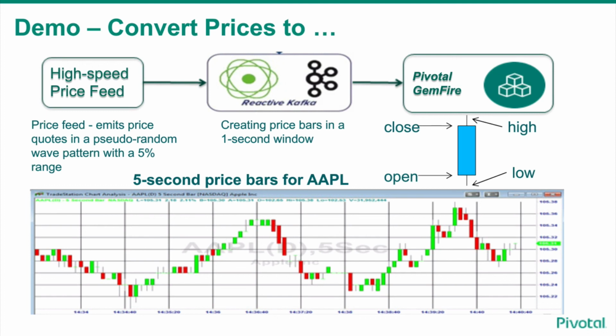The first quote is the open, the last quote is the close, and the highest and lowest quotes that occur are the high and the low. And we're keeping track of the volume of the quotes as they come in. We're tracking the total volume. So you'll see these price bars displayed across the screen. There's a sample 5-second price bar for Apple that I snapshotted yesterday.